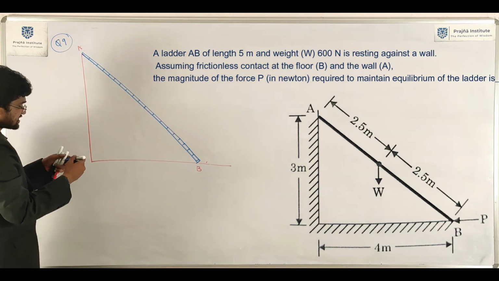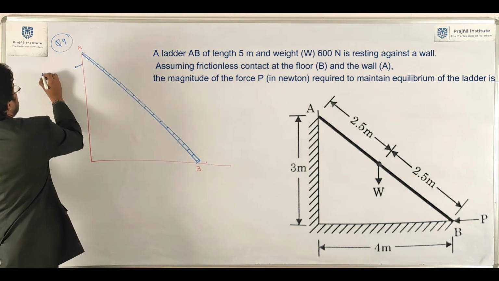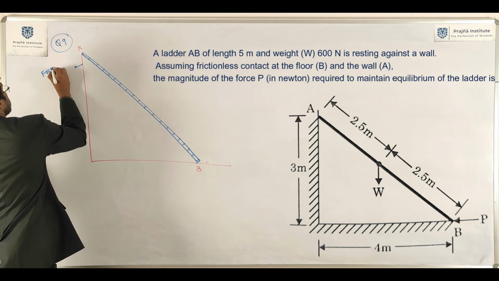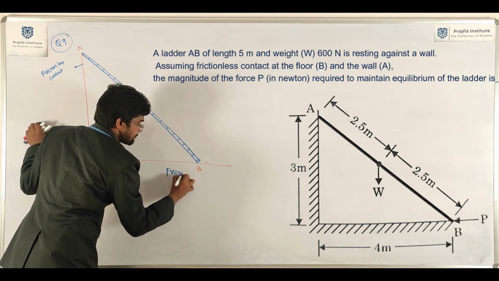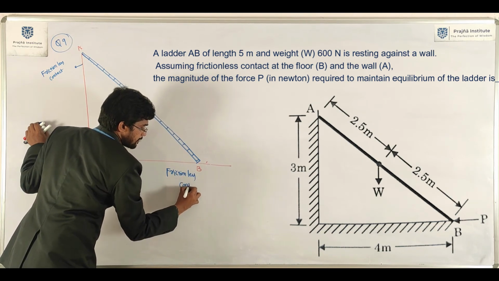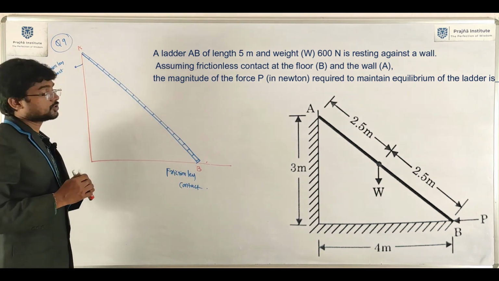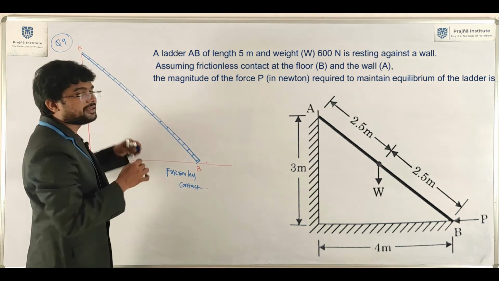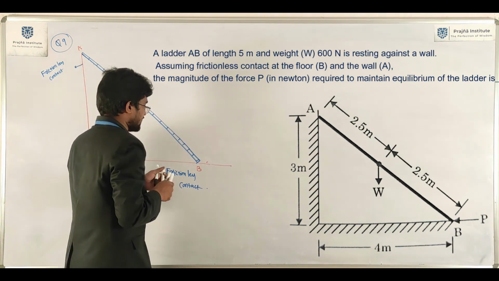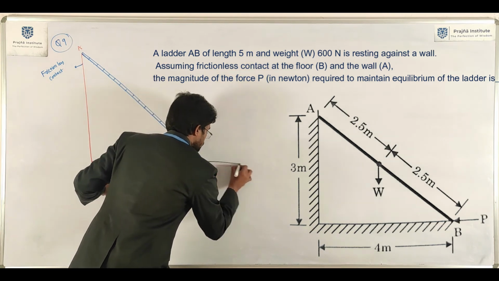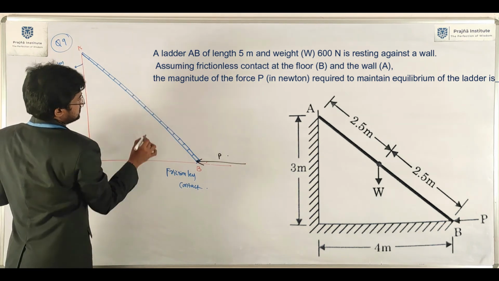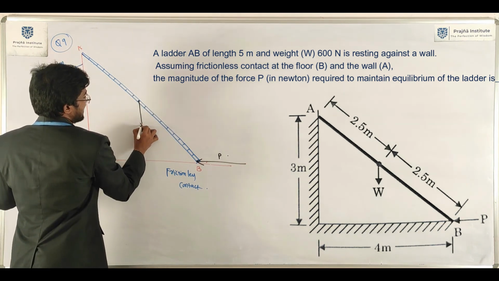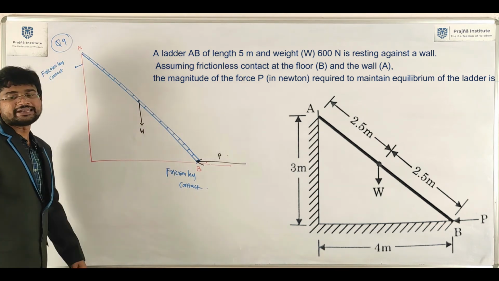It is frictionless contact at the wall, and it is also frictionless contact at the floor. There is no friction. To keep the system in equilibrium, they are applying some force P here. Exactly at the center the weight of the ladder is acting in the vertically downward direction.